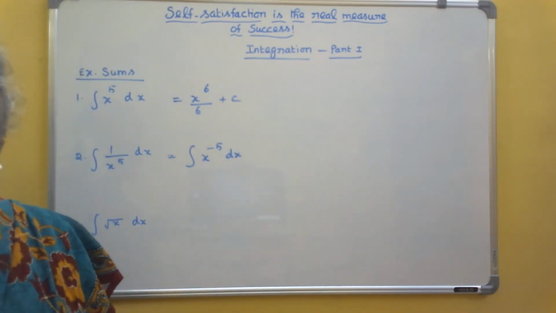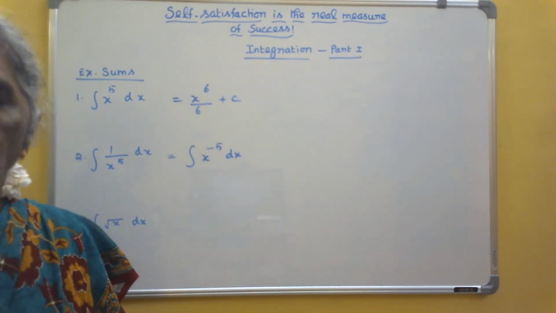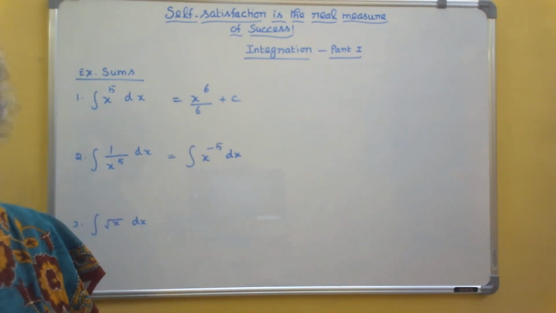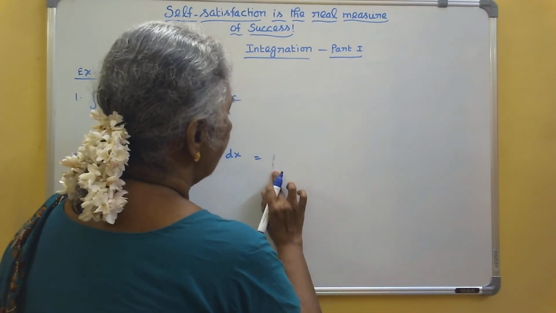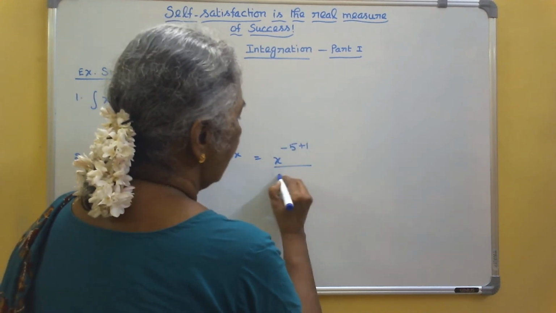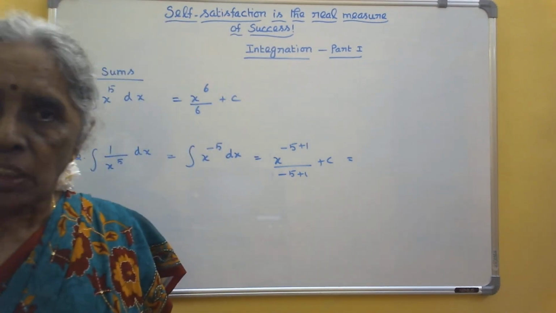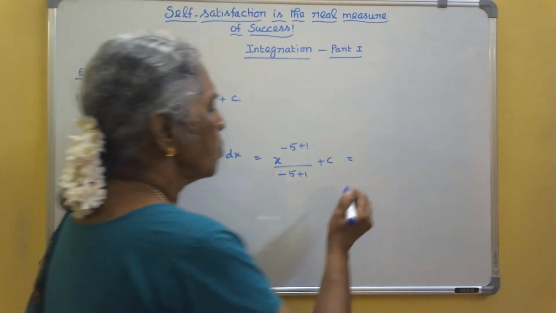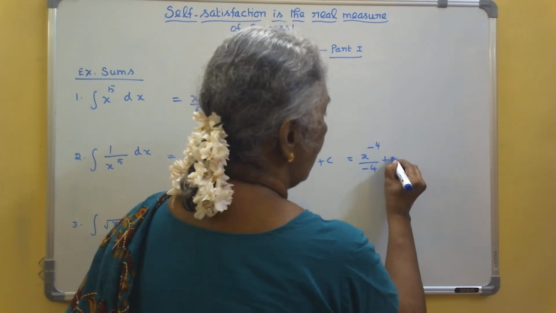You know the rules of exponents, right? So, now in the place of n, you have a minus 5. So, now use the same formula. You will be getting x power minus 5 plus 1 by minus 5 plus 1 plus c. What is minus 5 plus 1? Minus 4. So, you will be getting x power minus 4 by minus 4 plus c.